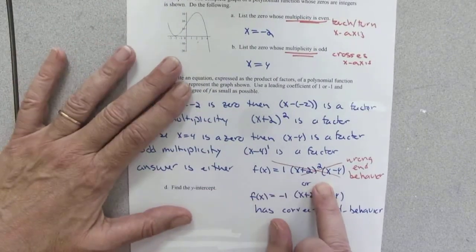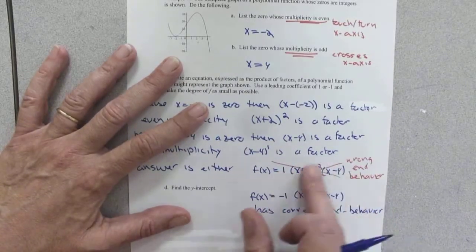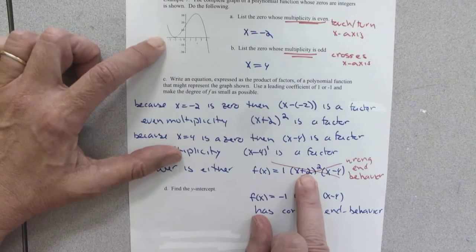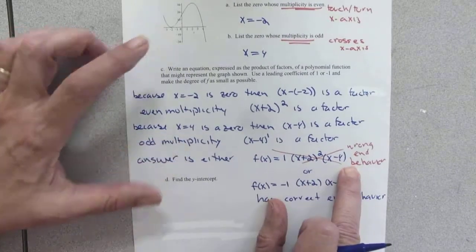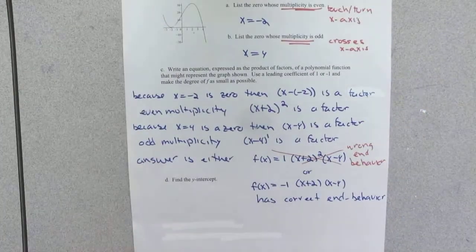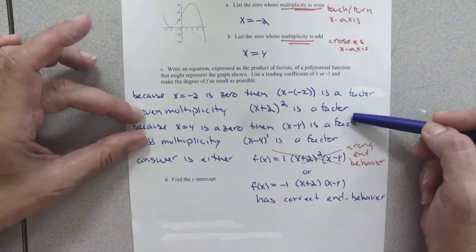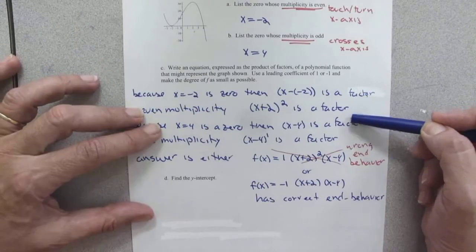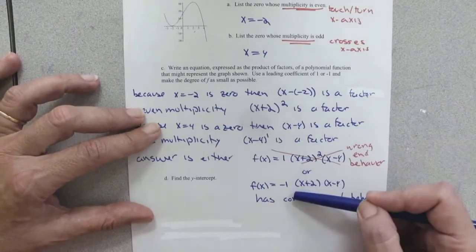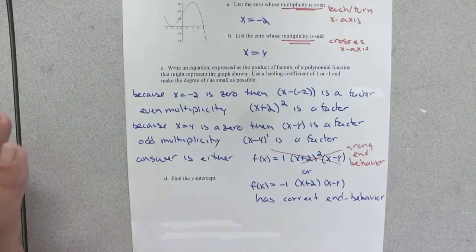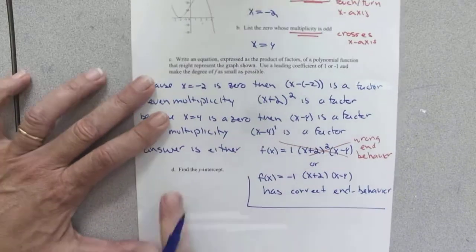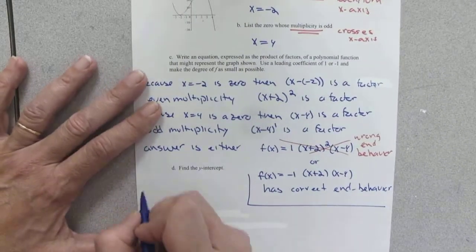So the way you approach this problem is find a generic formula by determining what the factors are, and then is it +1 or -1, and you pick between them by looking at the end behavior.